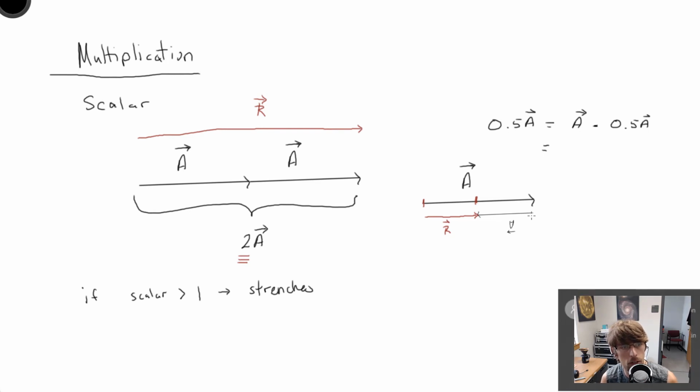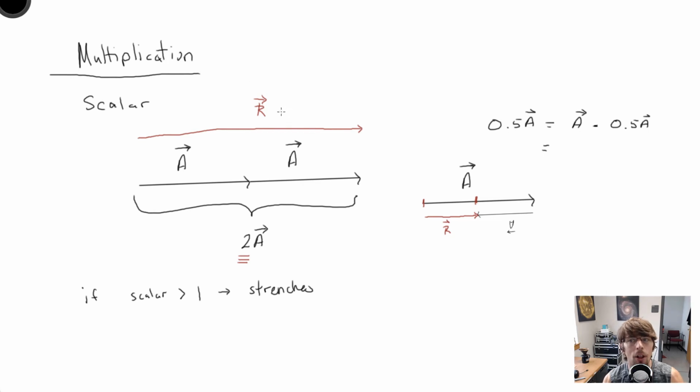R is parallel to A, or I'll say a little more generously, along the same line defined by vector A. If the scalar is less than 1, it shrinks it. And that would be in this case. You see that it's shrunken. It's shorter than A.